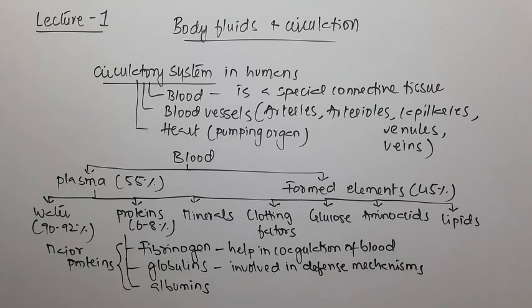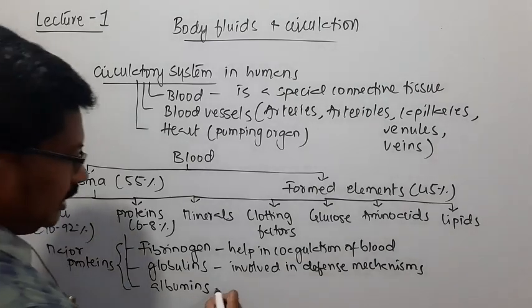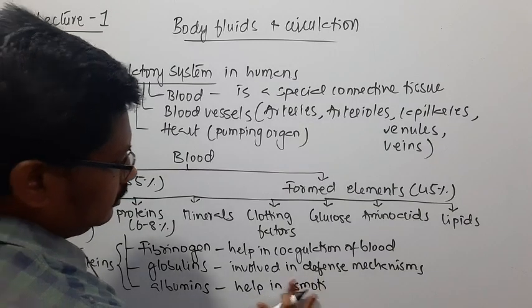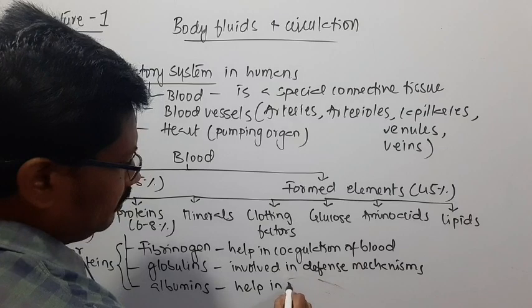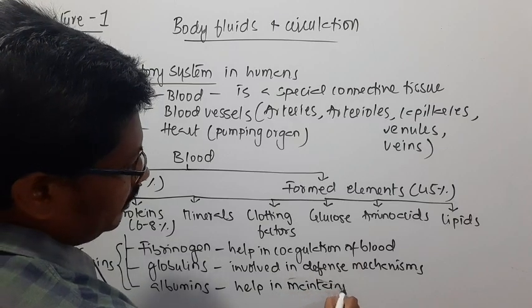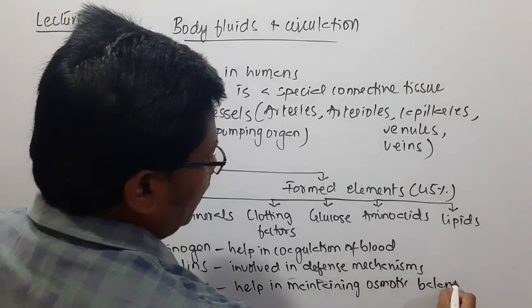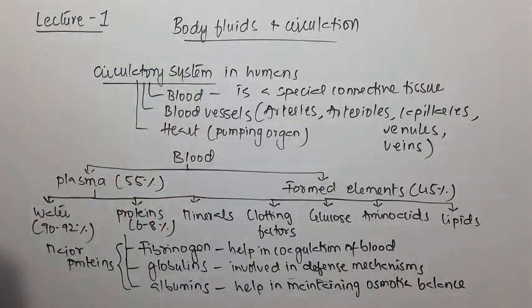Whereas the albumins will help in maintaining osmotic balance, right? So that's the water balance. So here fibrinogen helps in coagulation of blood, globulins are involved in defense mechanisms, and albumins will help in maintaining this osmotic balance.